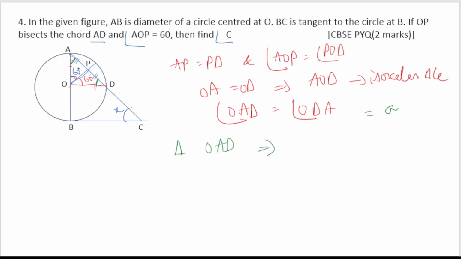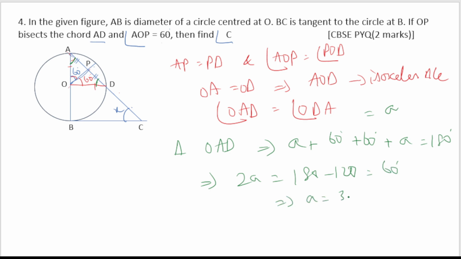It is A plus 60 degrees plus 60 degrees plus A is equal to 180 degrees. Okay. We'll get 2A is equal to 180 minus 120. It is 60 degrees. Here we got A is equal to 30 degrees. So in this triangle, this angle A is 30 degrees.